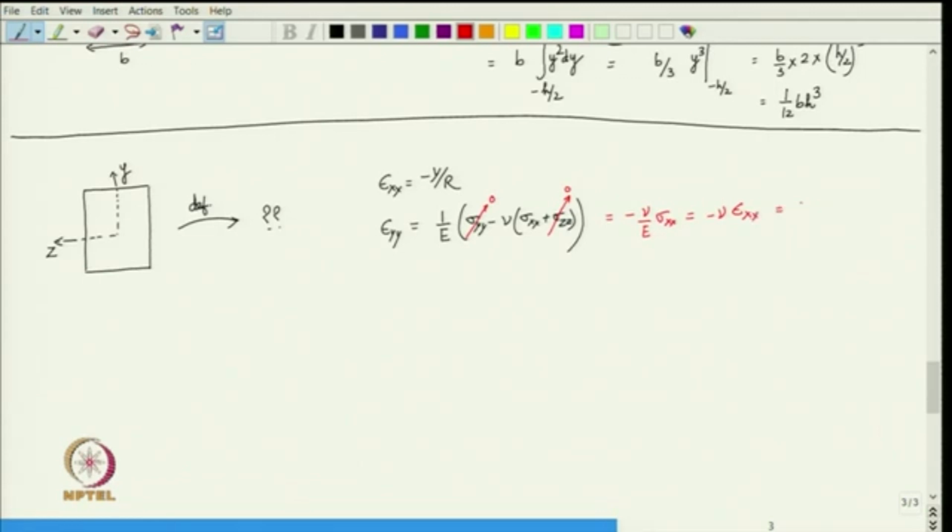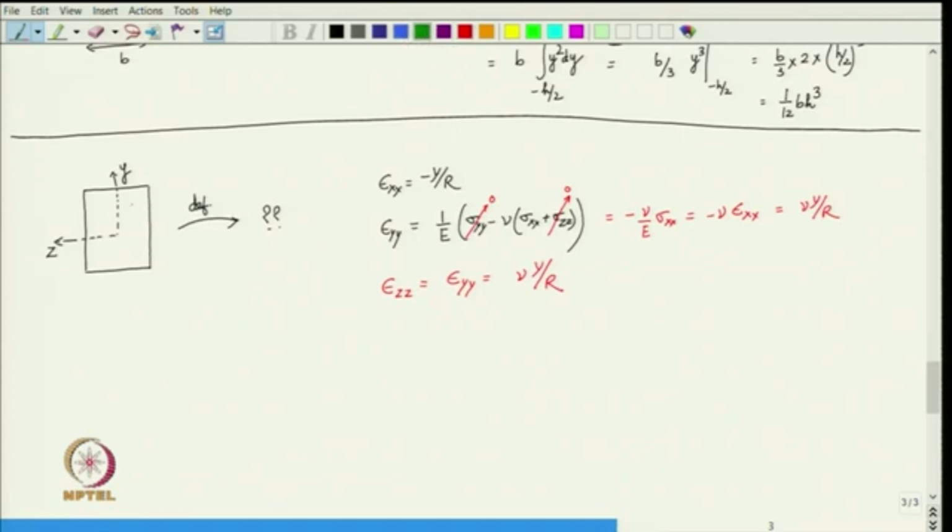So, this becomes nu into y by r, correct. Likewise, we can also show that epsilon z z is equal to epsilon y y and equal to nu times y by r. Now, think of a line in the cross section along the y axis.